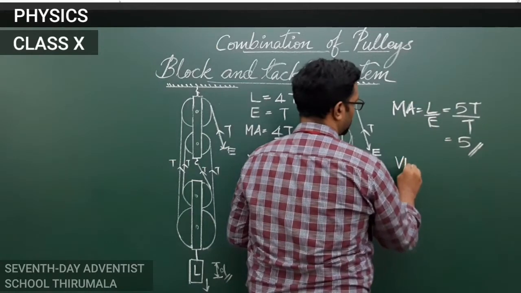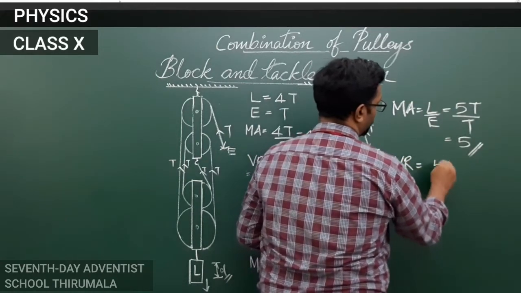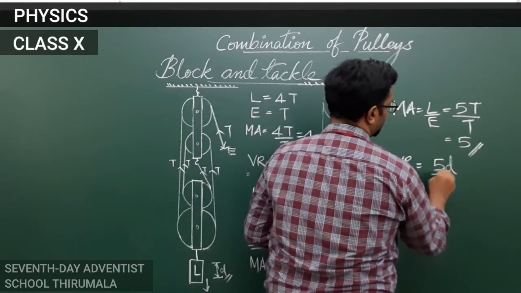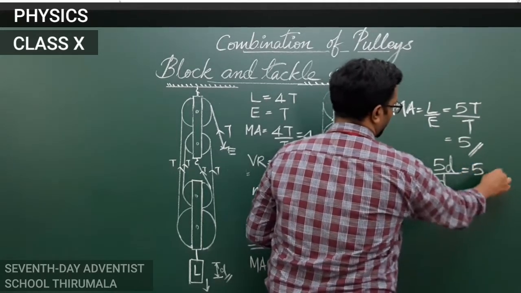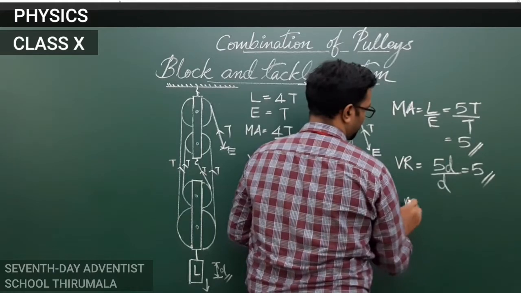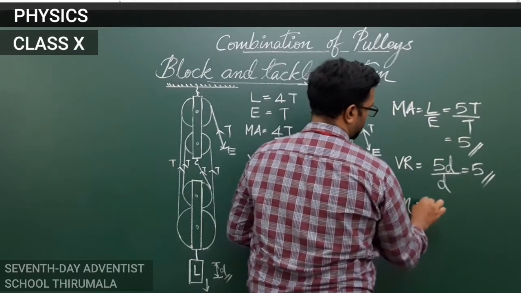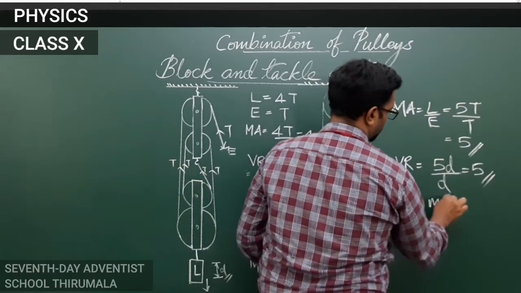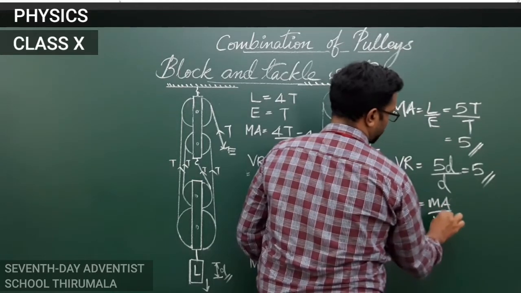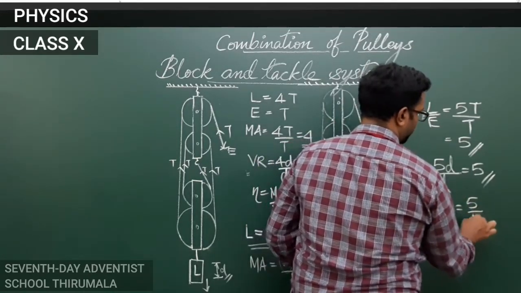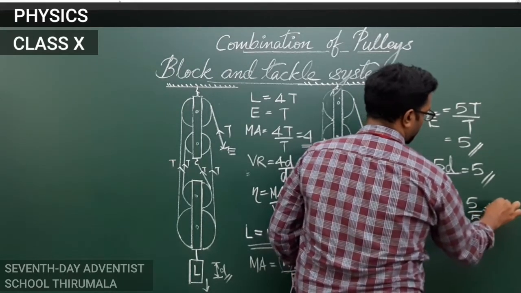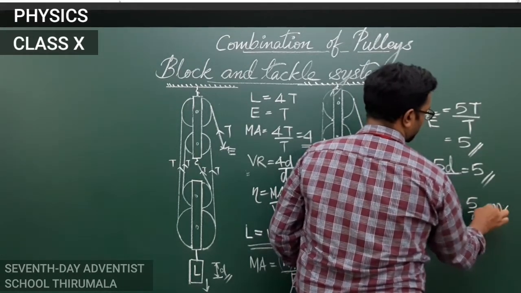Then we have velocity ratio. Velocity ratio is equal to 5 distance divided by single 1 distance, which is equal to 5, and as you know, efficiency is equal to mechanical advantage by velocity ratio, which is equal to 5 by 5, which is equal to 100%.